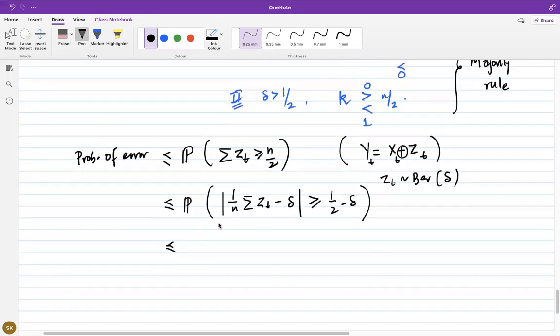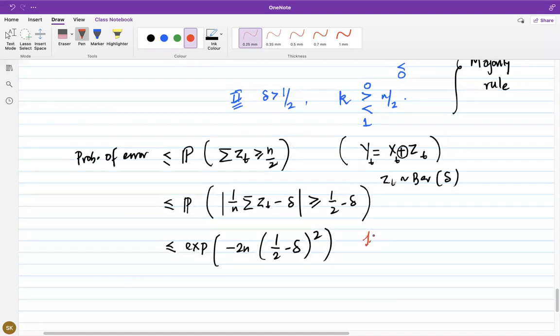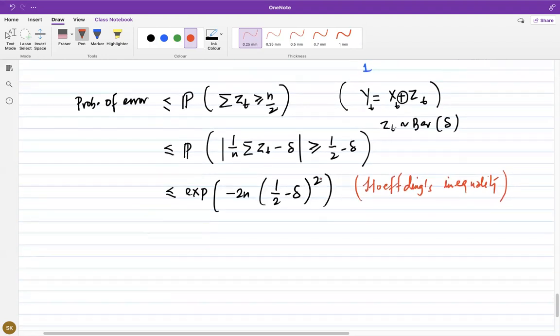Now we can upper bound this by this expression here, which is exponential of minus 2 n times (1 by 2 minus delta) whole squared. This inequality is known as Hoeffding's inequality. You can simply use this to see that this probability is always less than this.